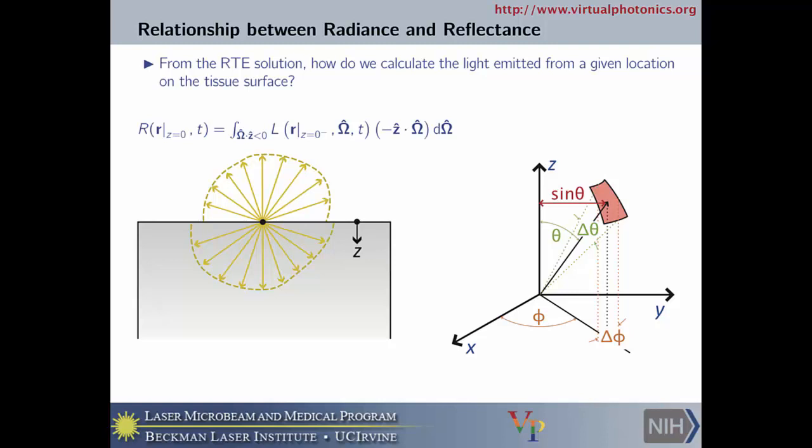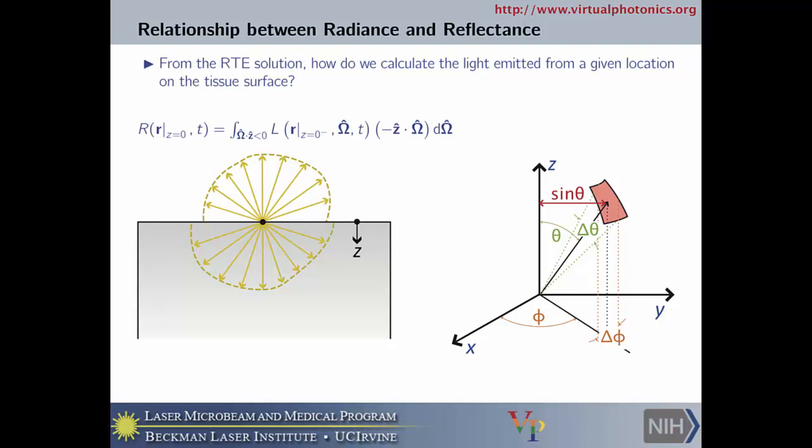And that will give you a distribution of light that is emanating from this point R at z equals 0, but just outside the surface. And I call that z equals 0 minus because the target is in the positive z domain. The air is in the negative z domain. So let's pretend that we have that through the appropriate application of a boundary condition.